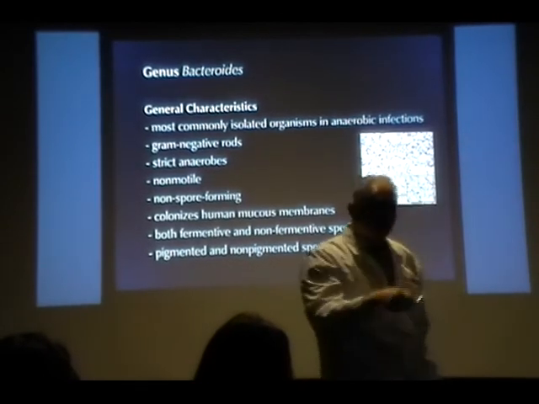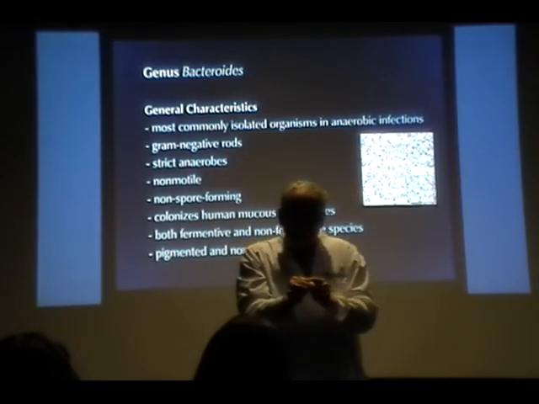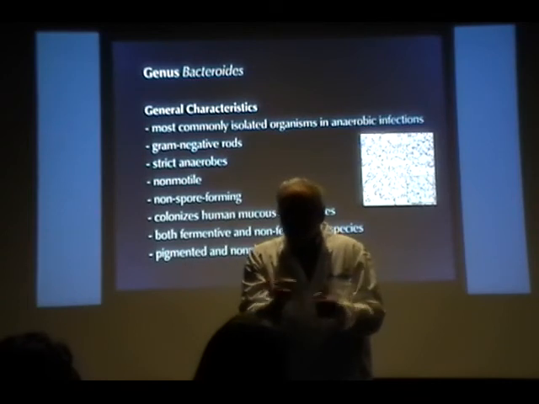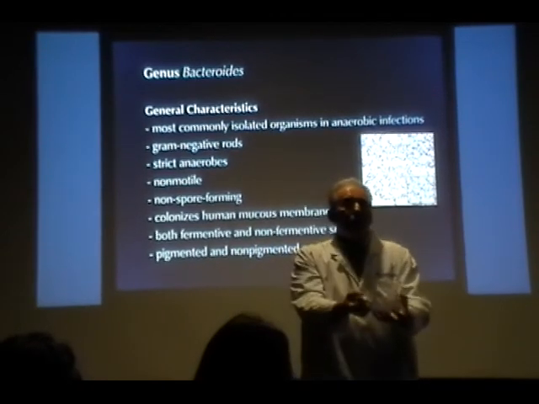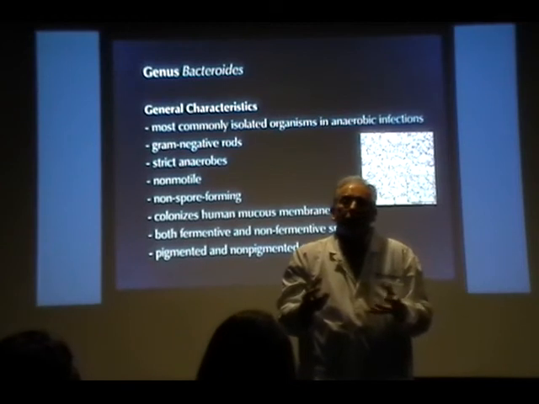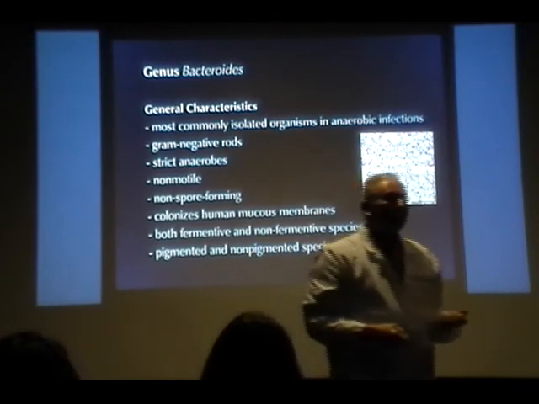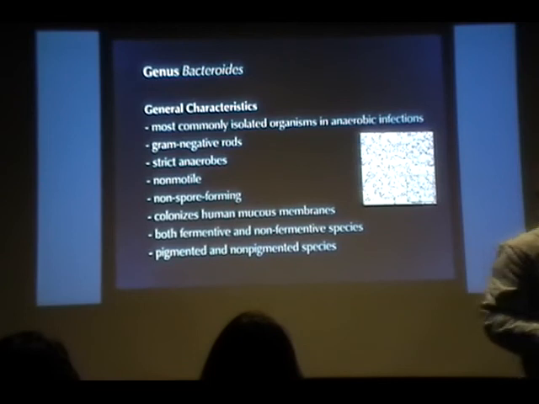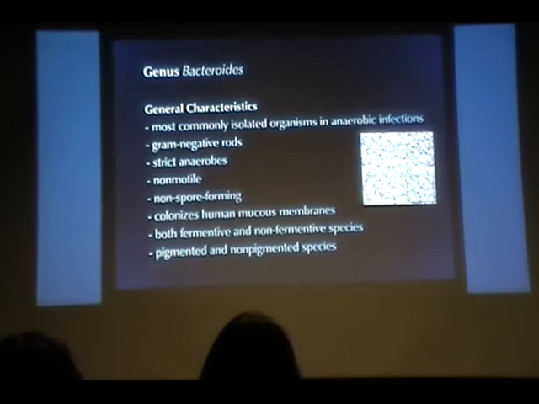And as they grow, they go from white to a dark blackish color. That means they are sequestering iron. They're really destroying the red blood cells and sequestering the iron for their growth. So there are types that are pigmented and those that are not, meaning there are those that don't sequester iron.